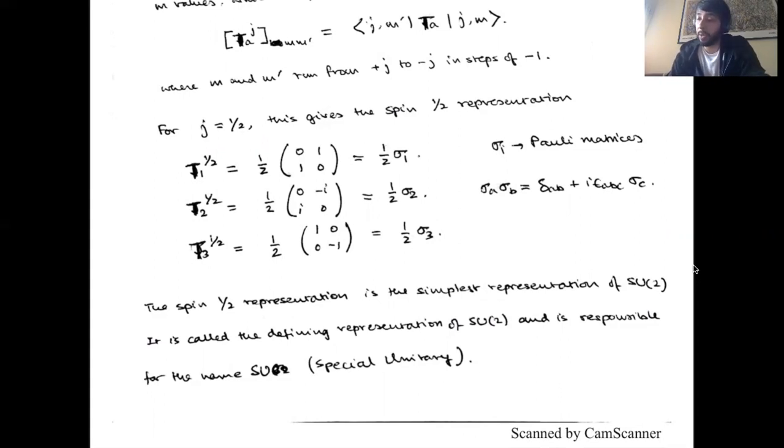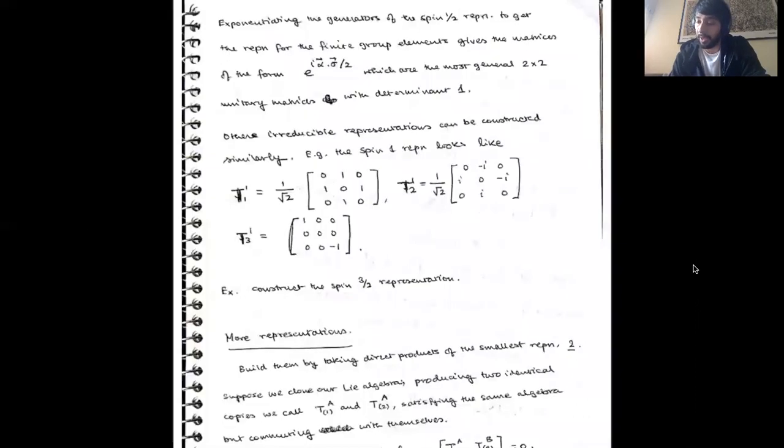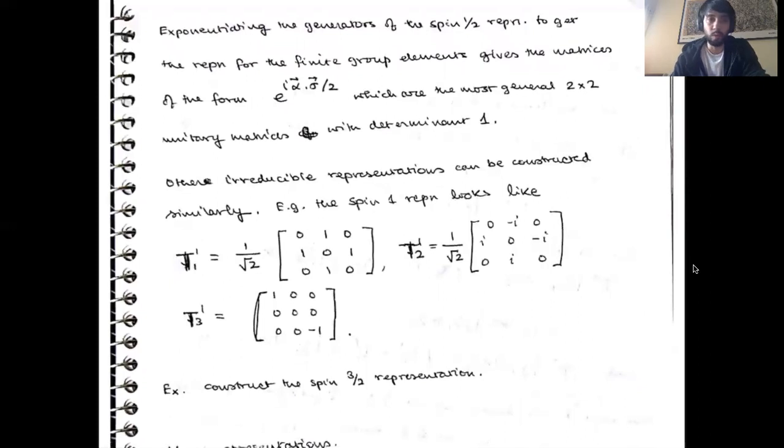So let's go ahead with this a little bit more, and let's just remind ourselves that if you were to exponentiate the spin half generators, we're going to get the representation for the finite group, which is going to give things of the form e to the i alpha dot sigma.